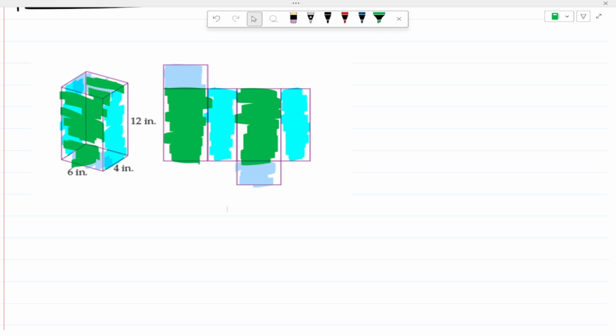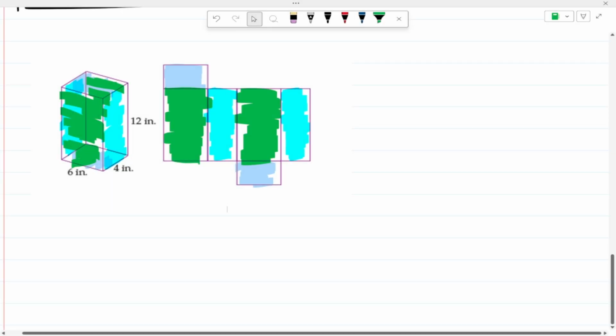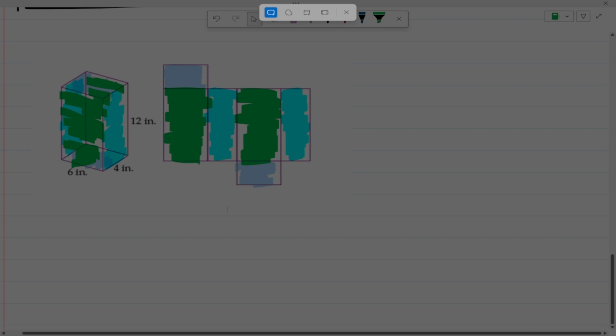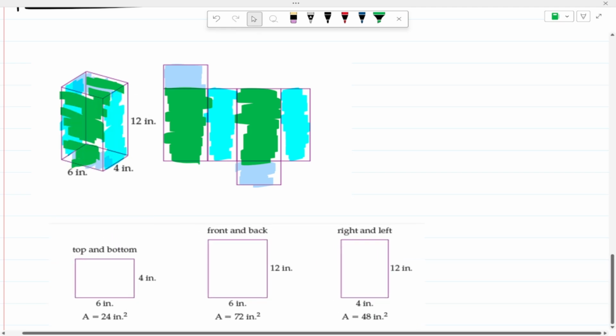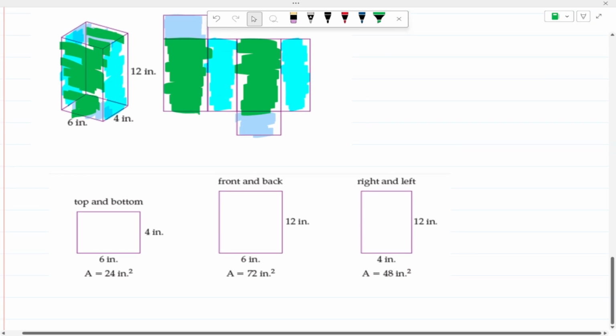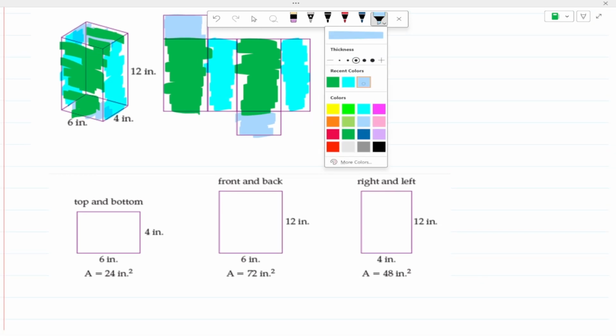And then what your book does for us is it kind of breaks down how we actually look at these in terms of summing up all the shapes. So that's going to be right here. All right, so for example here, we have the top and bottom.